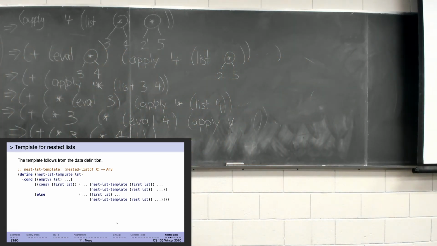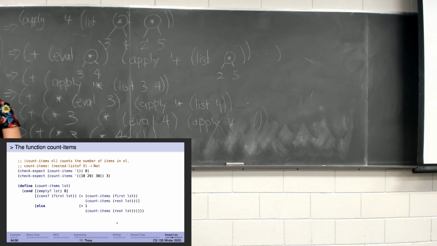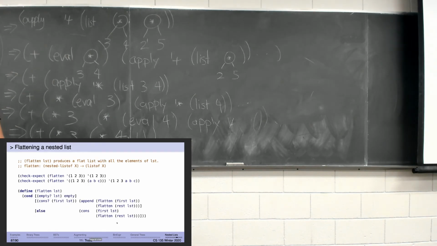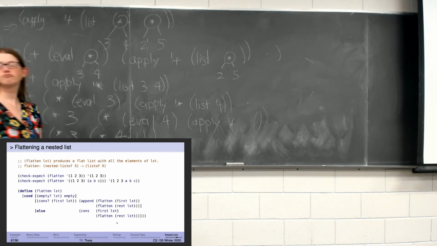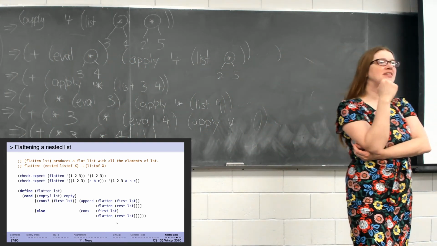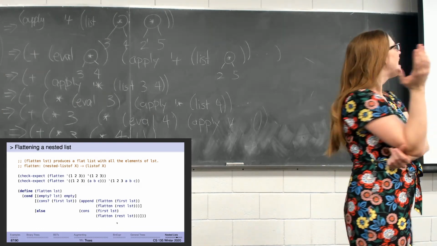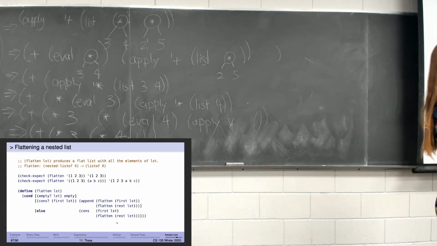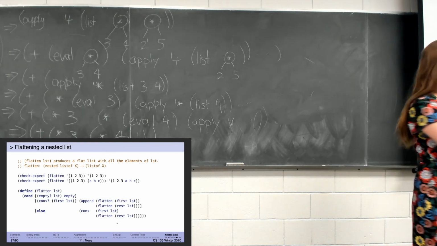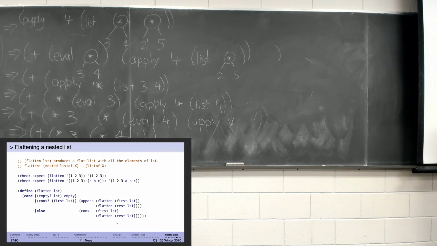So given that, we'll come back to count in a minute. How do we flatten the list? Well, if the list is empty, I produce empty, because that's flat. If the first item of the list is not a list, I cons that item onto the results of flattening the rest of the nested list.